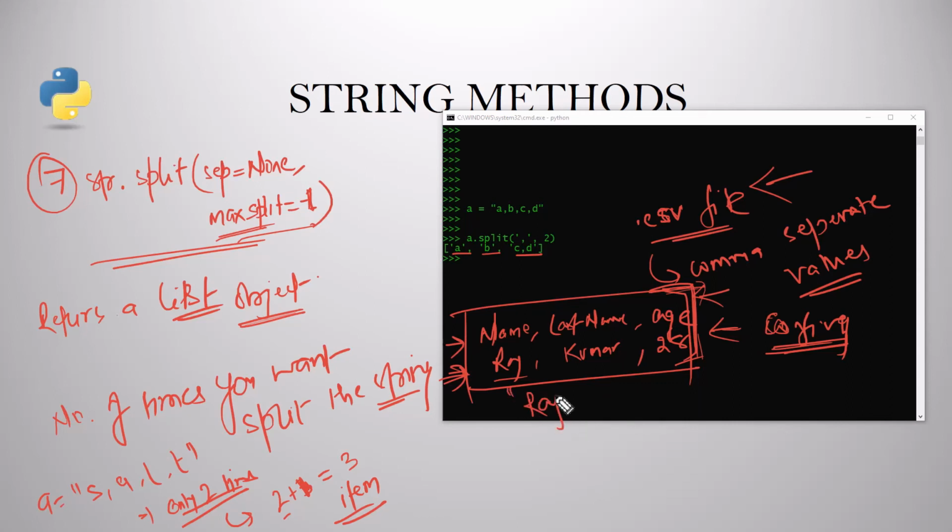is a string of characters like Raj Kumar 28, and you have to split it into different parts. You want the first name separate, last name separate, and age separate. So you can use split to split it. So let's see a similar example.